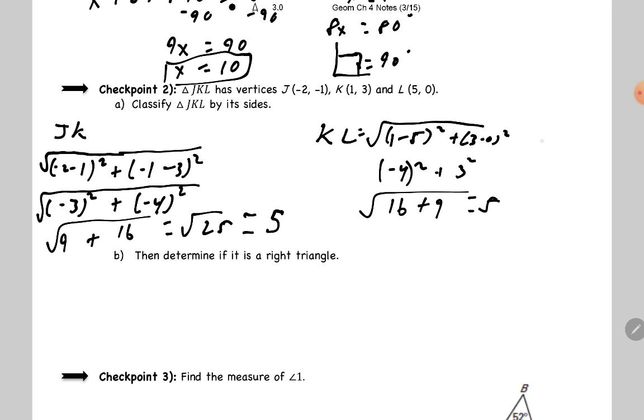So let's look at LJ or JL. Let's change it up a bit and do right minus left. 5 minus 2 squared plus 0 minus 1 squared.